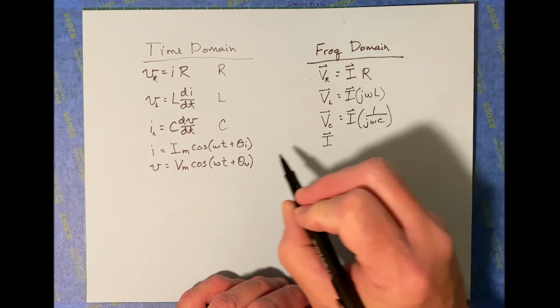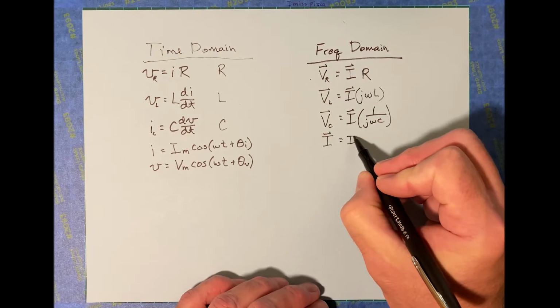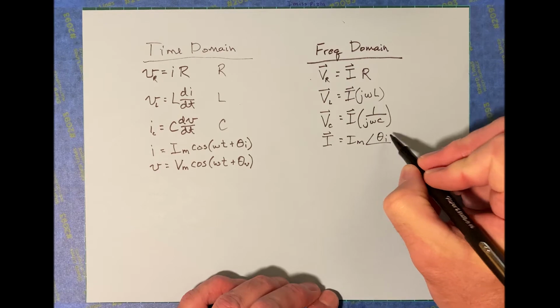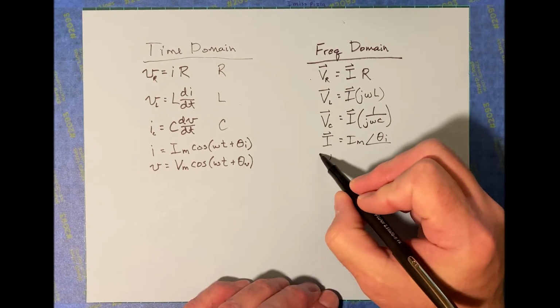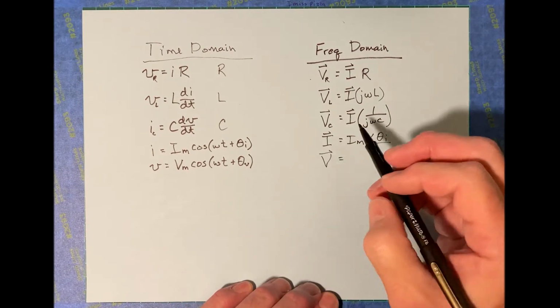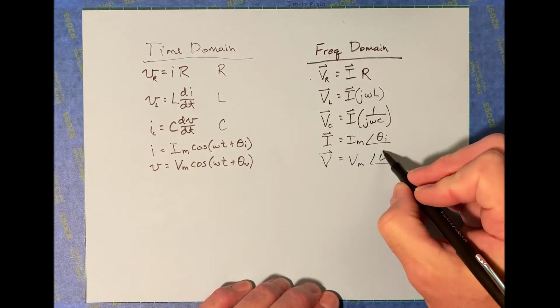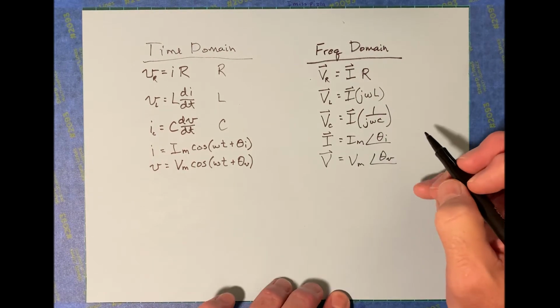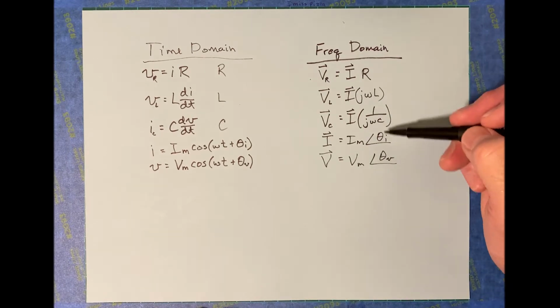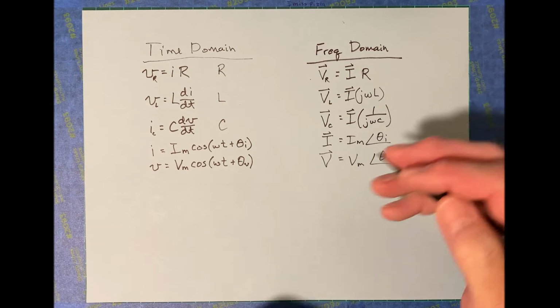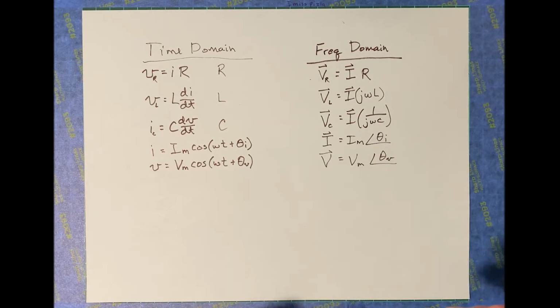Phasor I is just I sub m angle theta sub I, and phasor V for the source here is just V sub m angle theta sub V, like that. Okay, well, you can see that they look pretty simple over here. Manipulating them is perhaps another story, but we'll get to that.